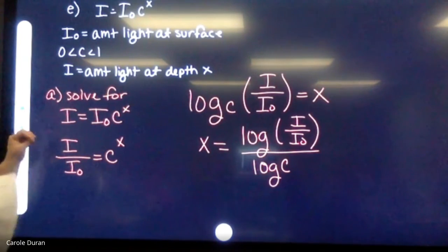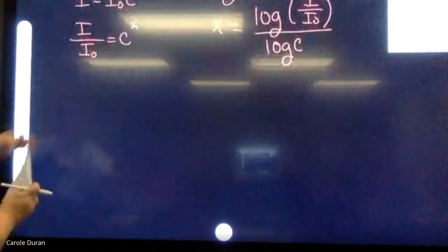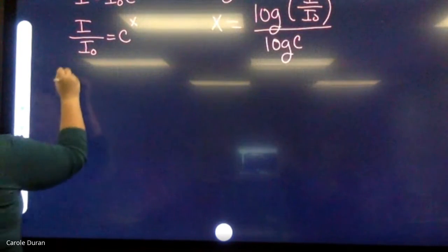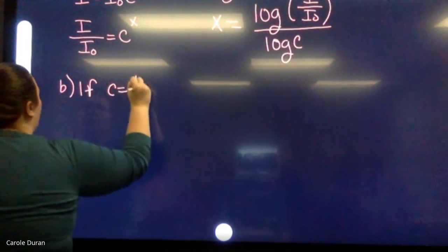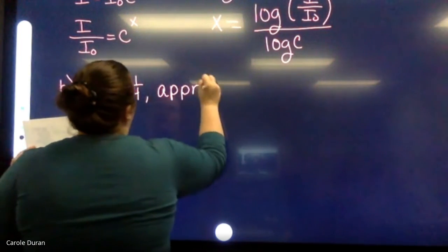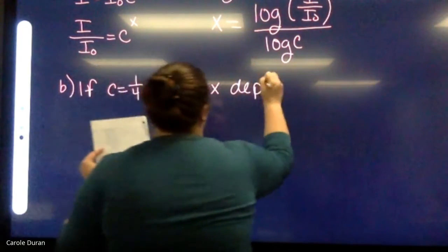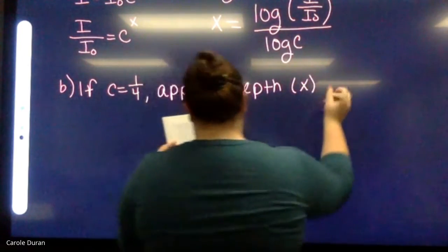Okay, so that was part A. We do have a part B here as well. And part B says that if c is the value 1 over 4, approximate the depth. So that's our x.